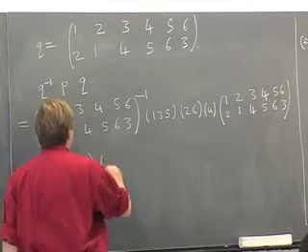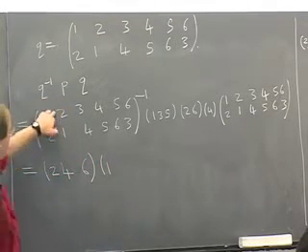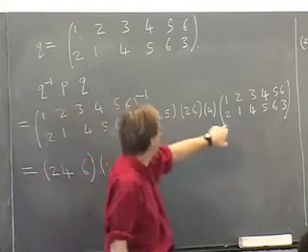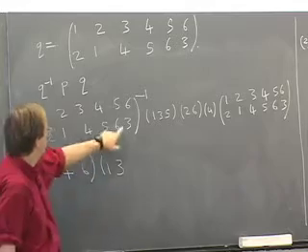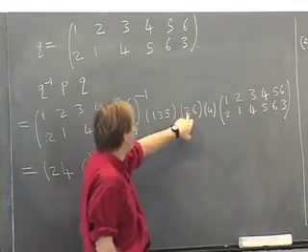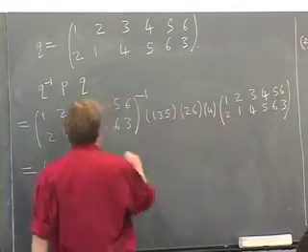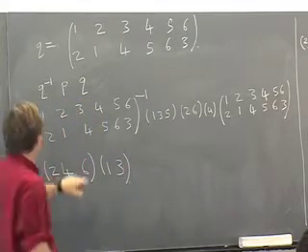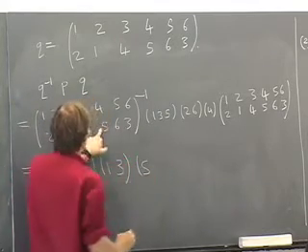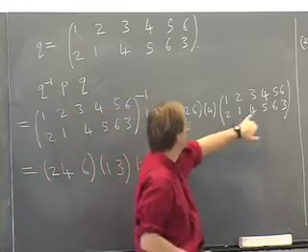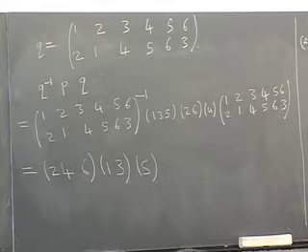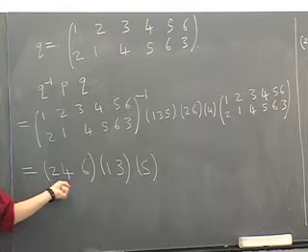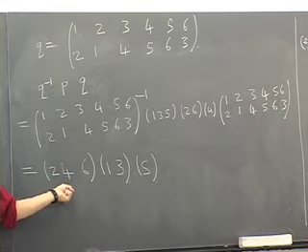And then let me put a 1 here. 1 came from 2, goes to 6, goes to 3, and 3 came from 6, goes to 2, goes to 1. So that closes, and we're left with a 5. 5 came from 4, stays where it is, goes back to 5. Can anybody tell me simply what's happened when I've done this?